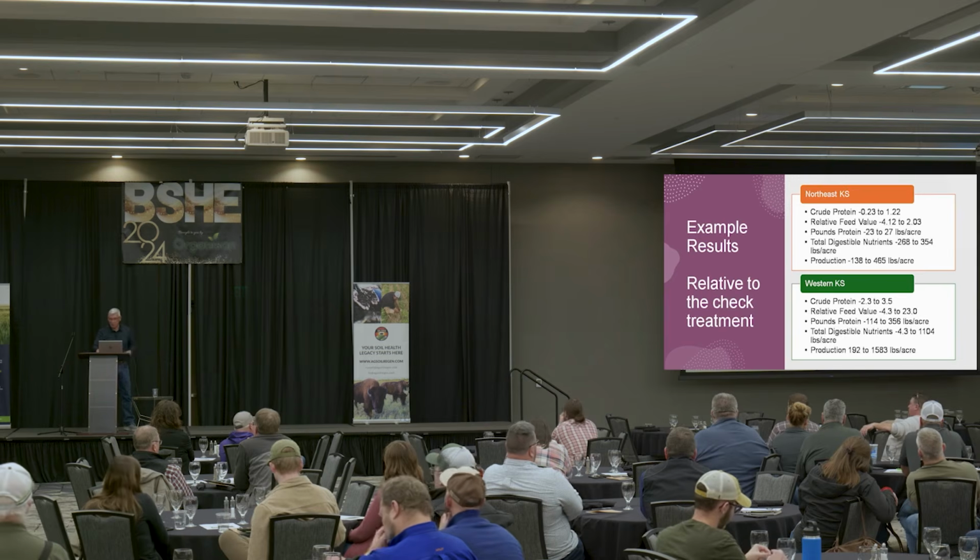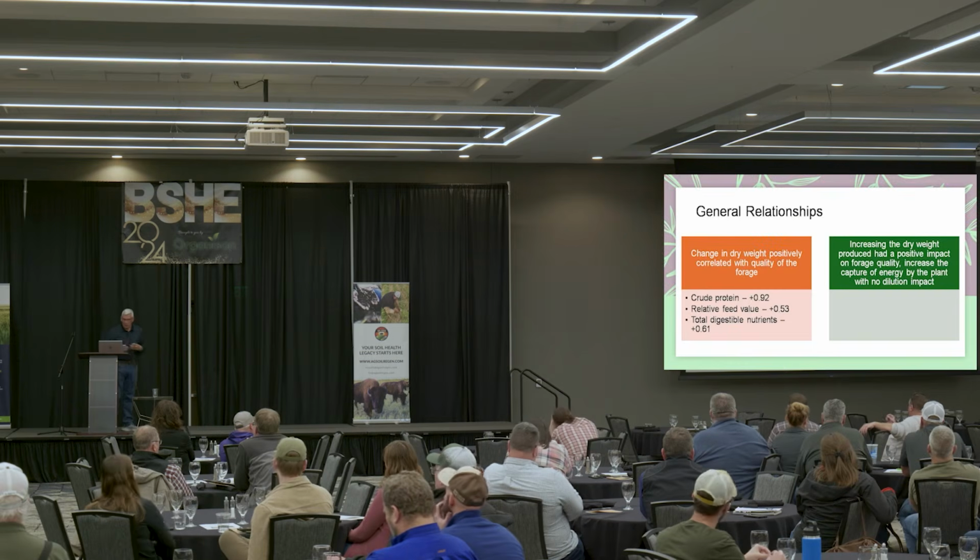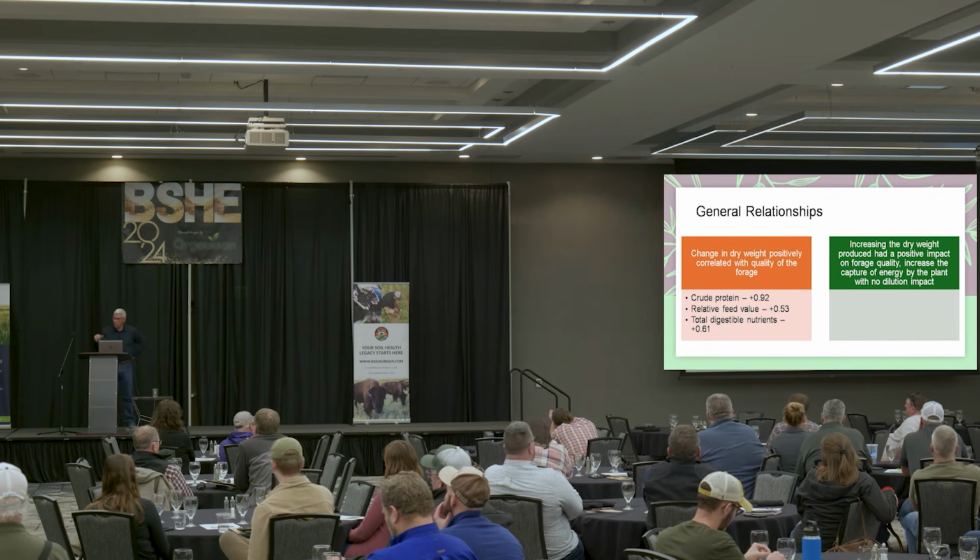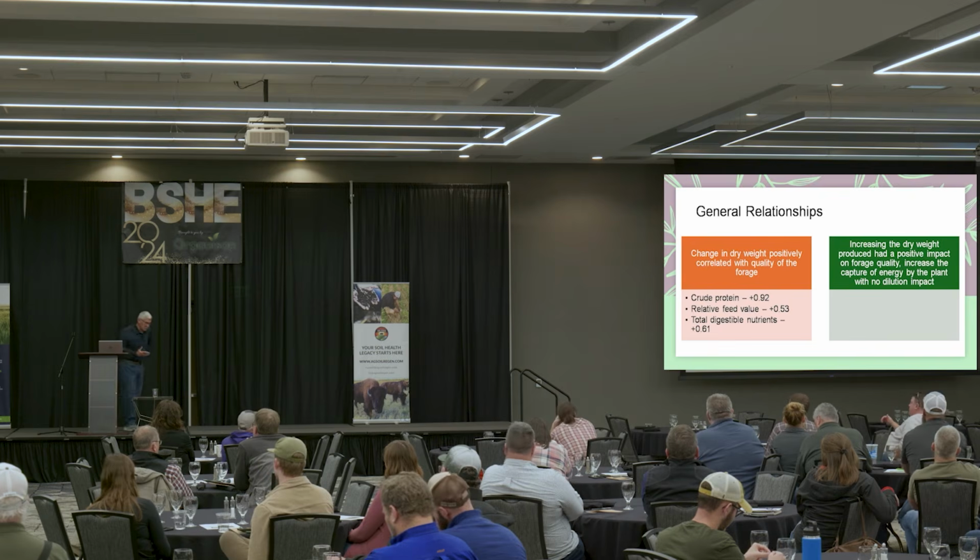So we can really begin to change this system in lots of different ways. If you look at all these different things, the more dry weight we had, we actually had a positive increase with crude protein, relative feed value and total digestible nutrients.